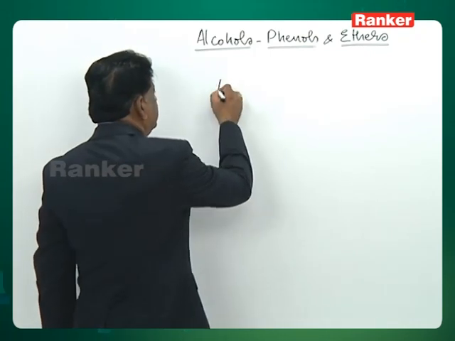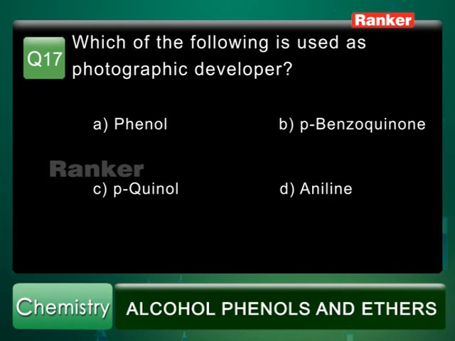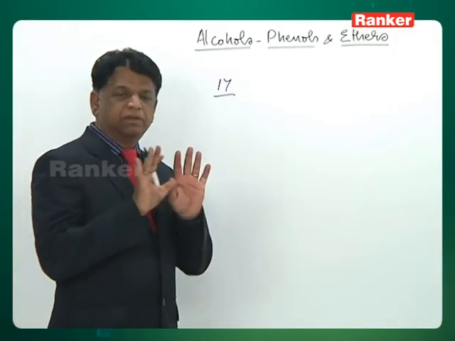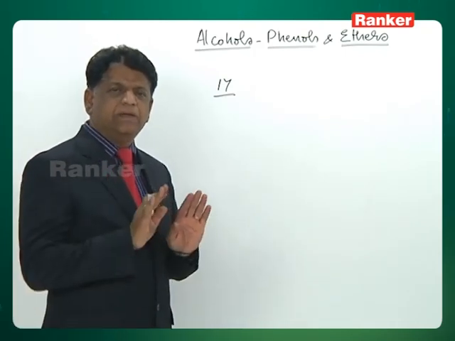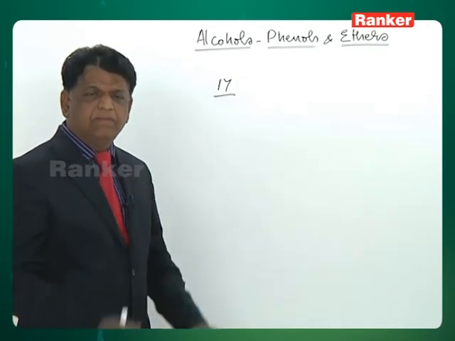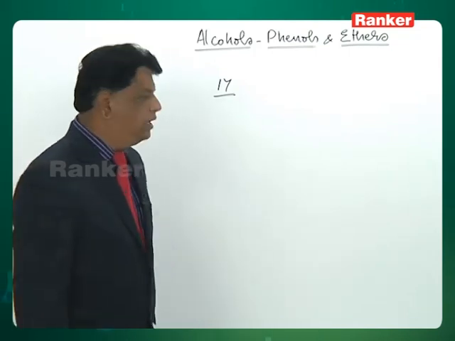Next question, 17th question: which of the following is used as a photographic developer? In photography, once silver bromide is treated with light, it decomposes, and where the light falls, the negative and the positive picture is developed. After that, in the developing process, paraquinol is used.